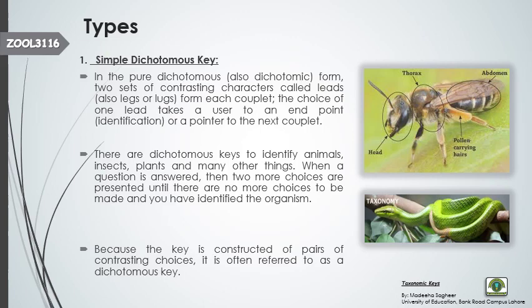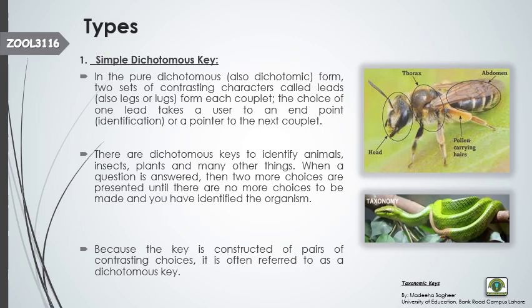In the pure dichotomous form, two sets of contrasting characters called leads form each couplet. I will explain in the next slide what the lead and the couplet are. We have two choices, and these two choices combined are known as the couplet, but individually each statement or each choice is called the lead.